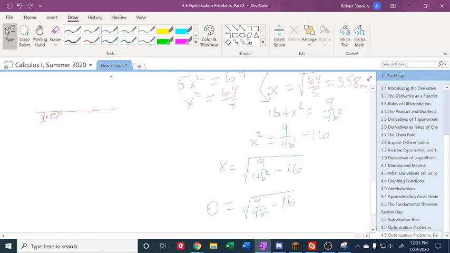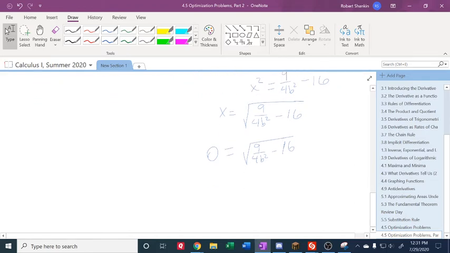Alright, so then we'll solve this. 9 over 4b squared has got to equal 16. Set that equal to 0. Cross multiply. 64b squared is equal to 9. b squared is equal to 9 over 64. Take the square root of both sides, 3 over 8.